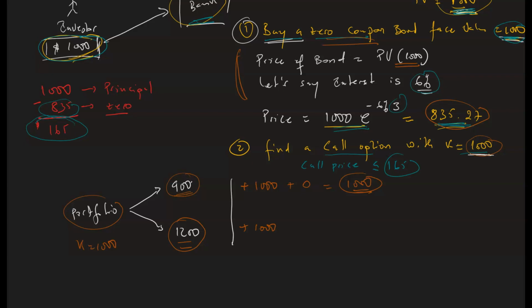Because the option is in the money, what do we do? We exercise the option. By exercising the option, we have to pay the strike price. Now, we have the money to pay the strike price because we have the $1,000 to invest. So we pay for the strike price now, and then we turn around and receive the underlying, the portfolio that's worth 1,200, and we sell it right away for 1,200.